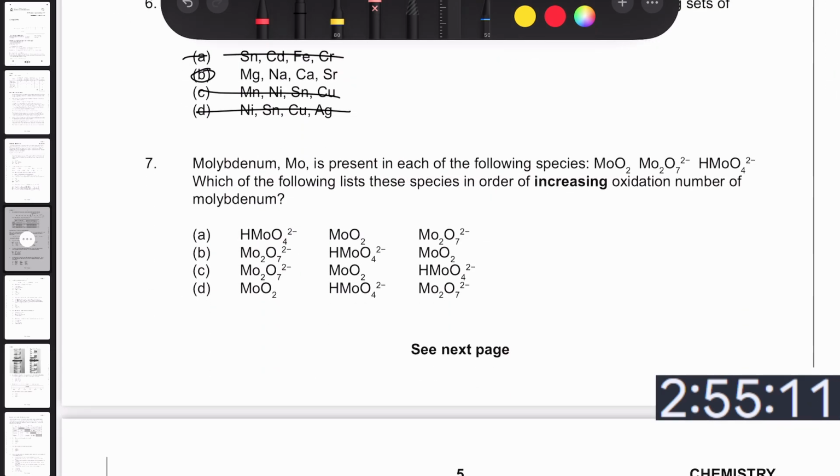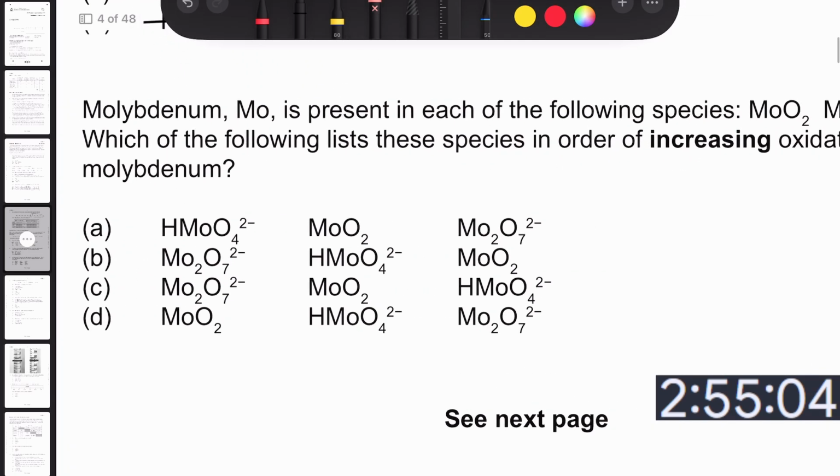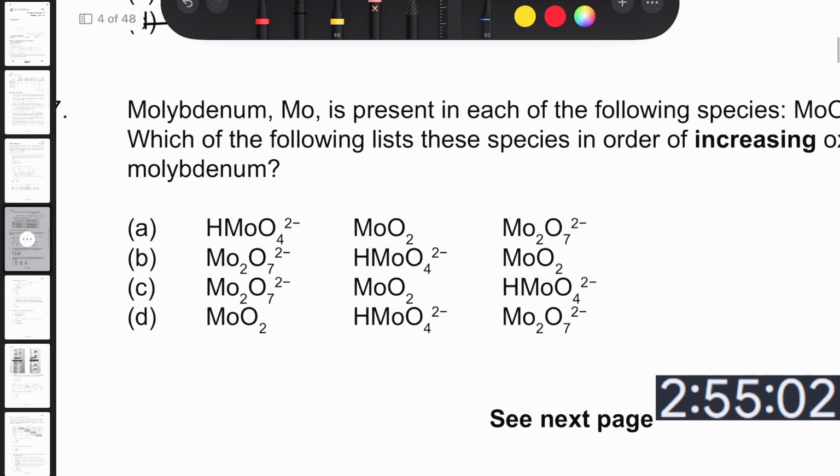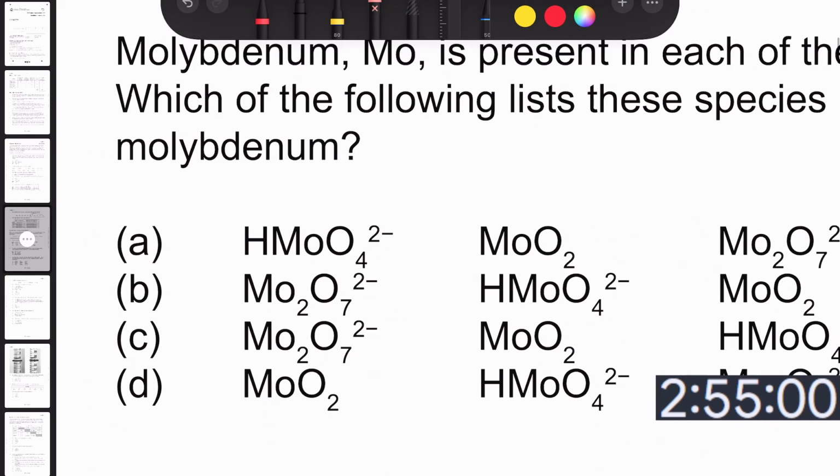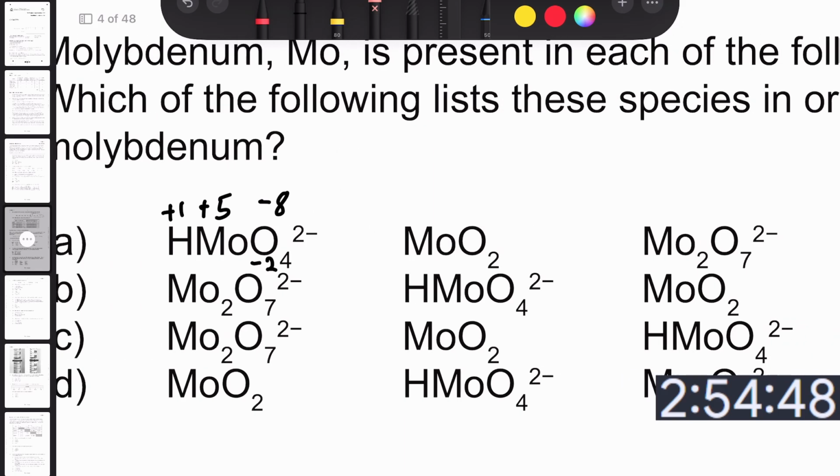Molybdenum, Mo, is present in each of the following species. Which are in increasing oxidation number? Okay, so let's see, this is -2, so all of this is -8. This is +1, and we wanted to get to -2. So that's -7, so we need this to be +5.